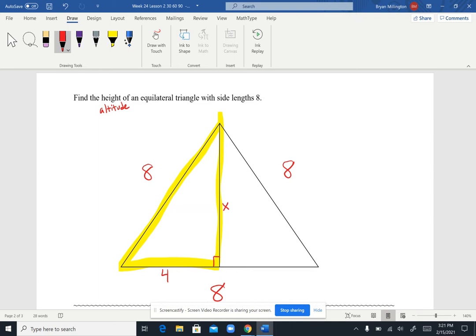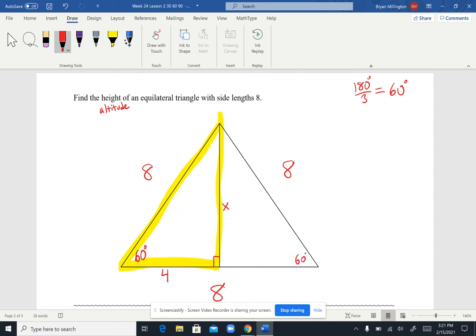Before I do that, though, let's talk about the angles. We know that this one's 90. We know in an equilateral triangle that all of the angles are 60 degrees, because if you divide 180 into 3 equal angles, each one will be 60 degrees. So 180 degrees divided by 3 is 60. These angles are all 60 in the corners.